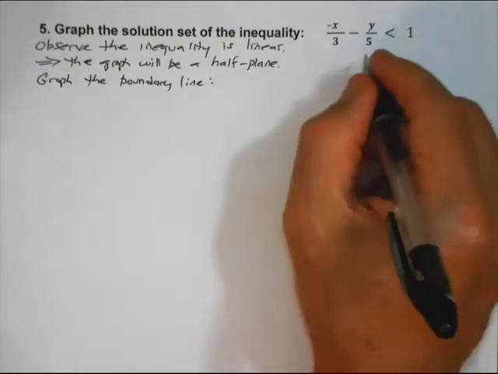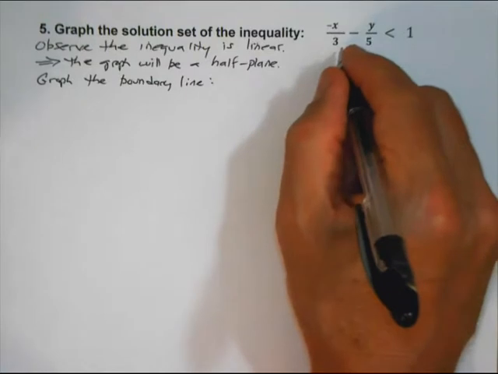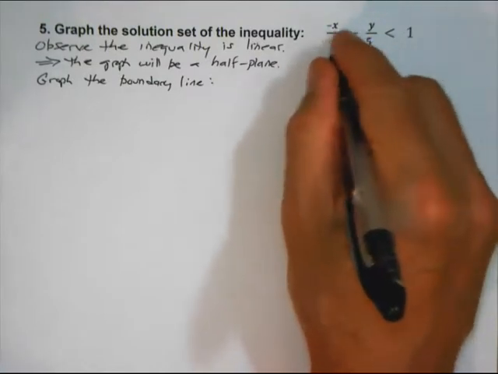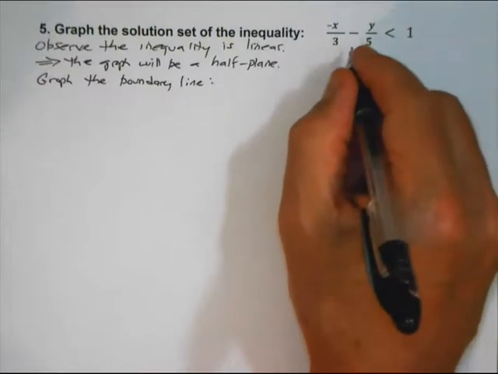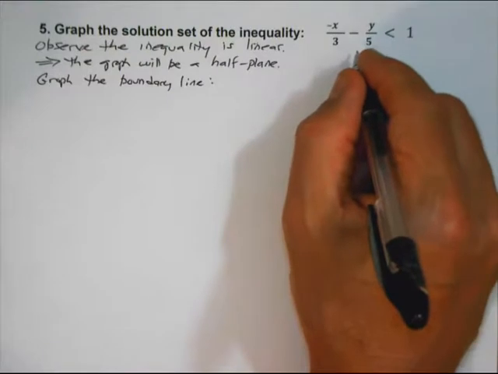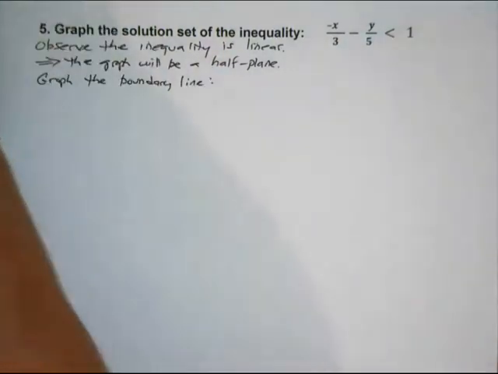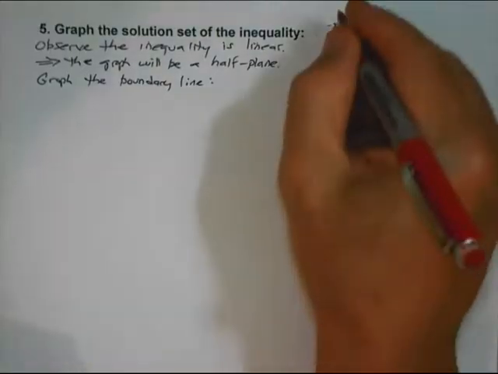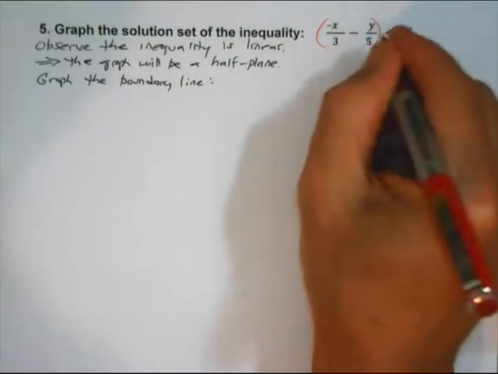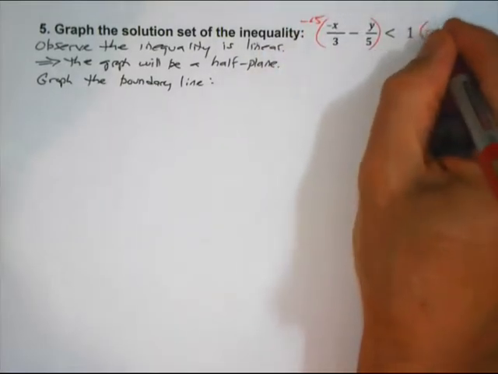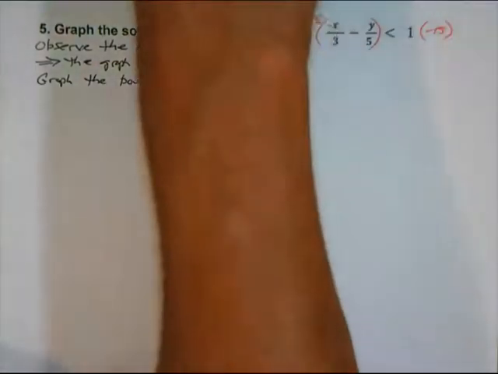How could we clean this up? We'd like to get rid of the thirds, get rid of the fifths, and maybe not so many negative signs. Maybe multiply both sides by negative 15.